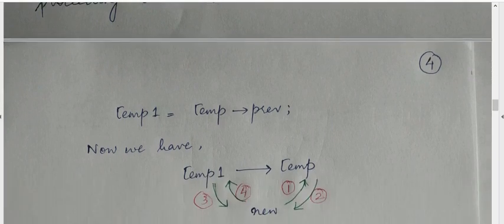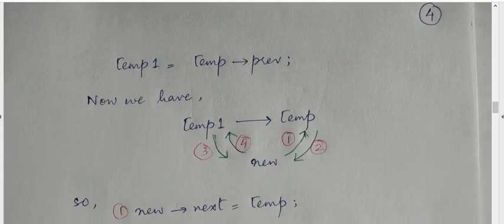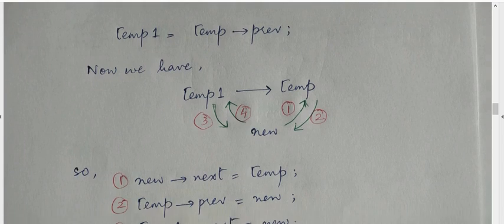We do the same steps, but to do the addition we need to make a few changes here. Let's say this is your position 1 and this is your position 2. Instead of temp being at position 1, temp is at position 2, and we have to add in between the two.